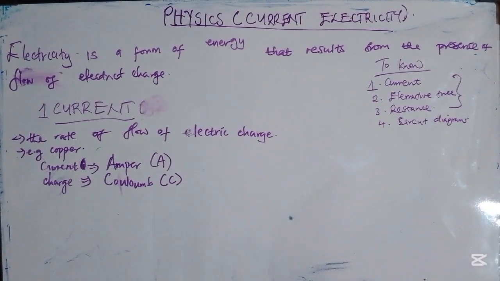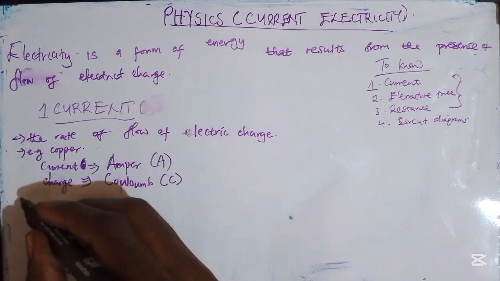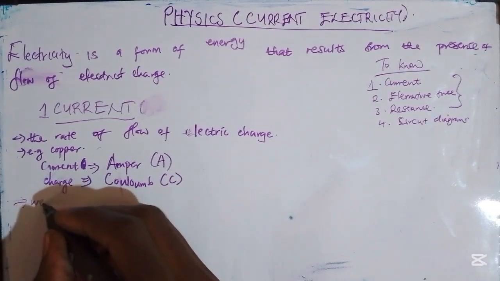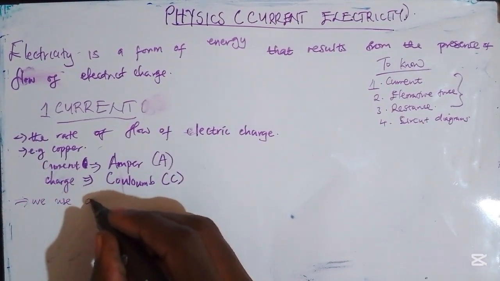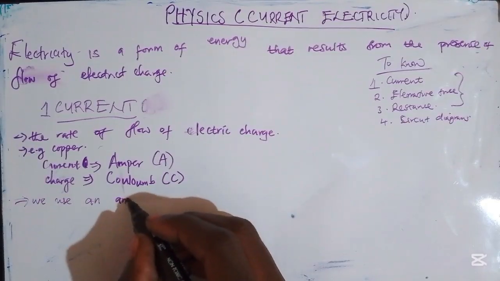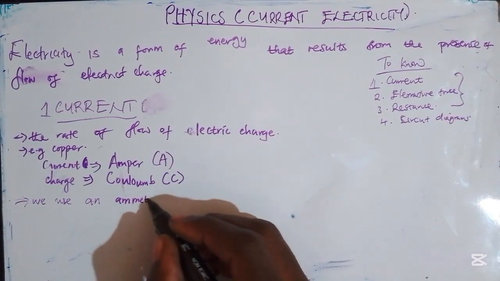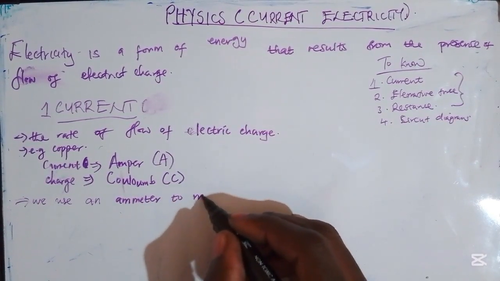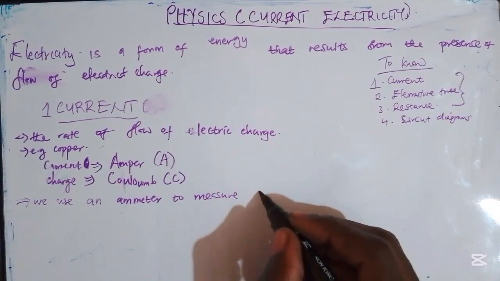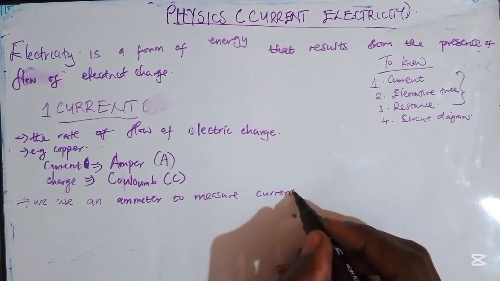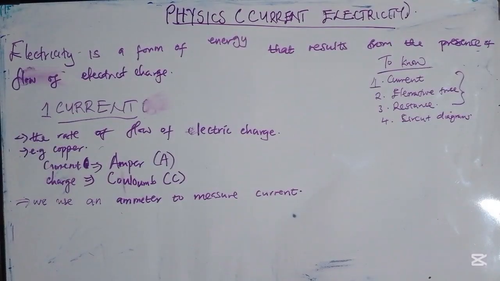Then what is an instrument which we can use to measure the current of the circuit? The instrument which we use to measure current is an ammeter.